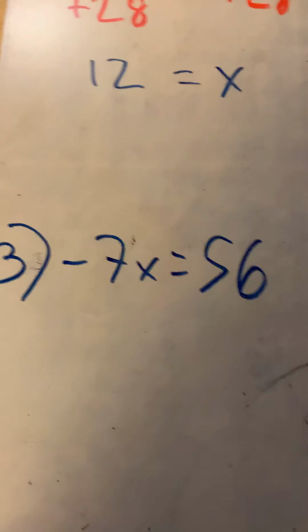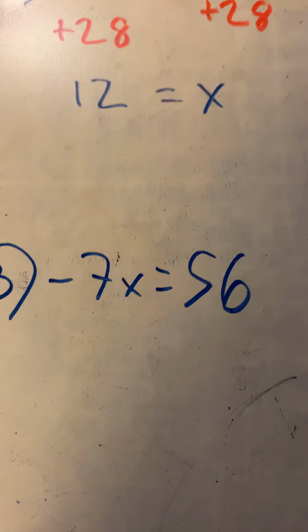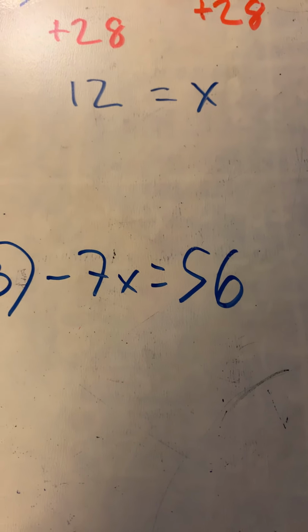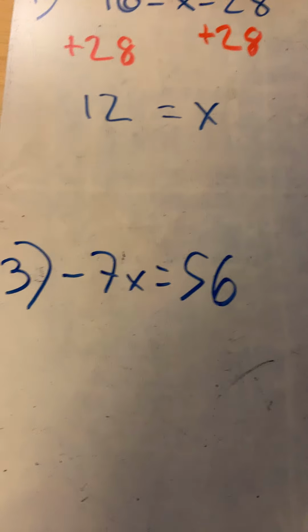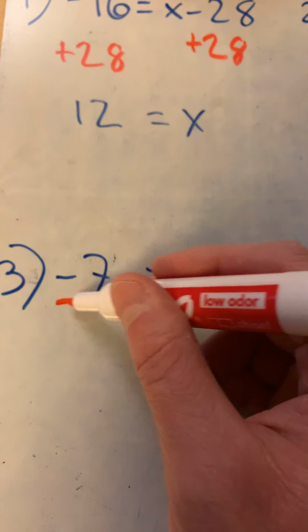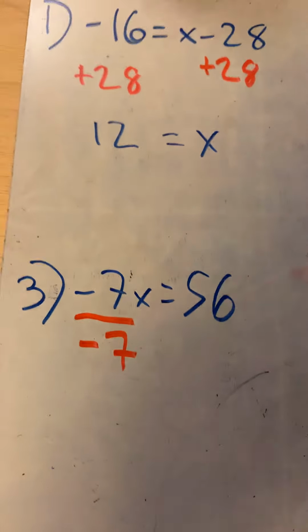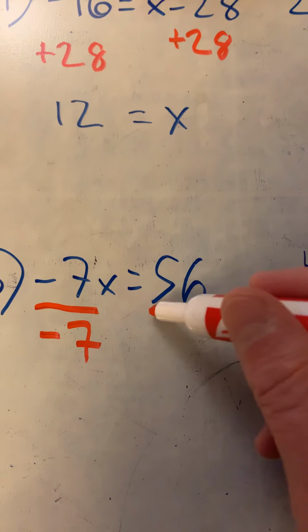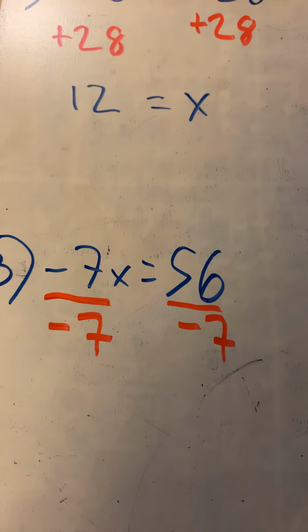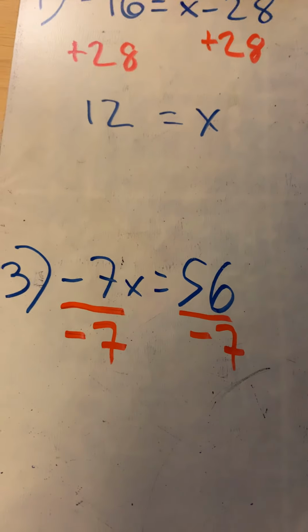Now let's look at number 3. It's negative 7x, which means negative 7 multiplied by x equals 56. I do the opposite of what's beside the variable. Beside the variable is multiply by negative 7. The opposite of that is to divide by negative 7. And if I do it to one side, I do it to the other side. Notice how I show that divide with a fraction.